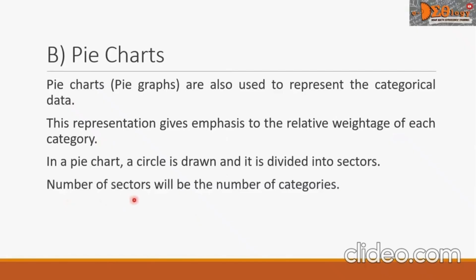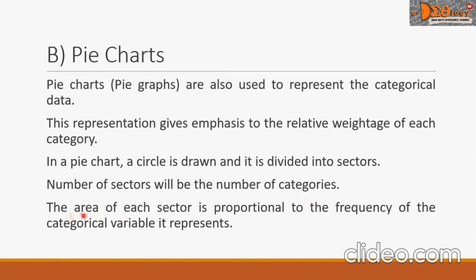The number of sectors will be the number of categories. The area of each sector is proportional to the frequency of the categorical variable it represents.